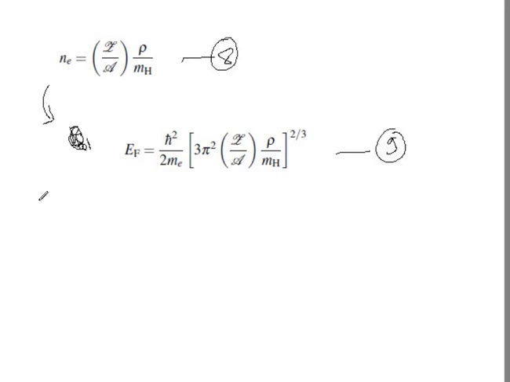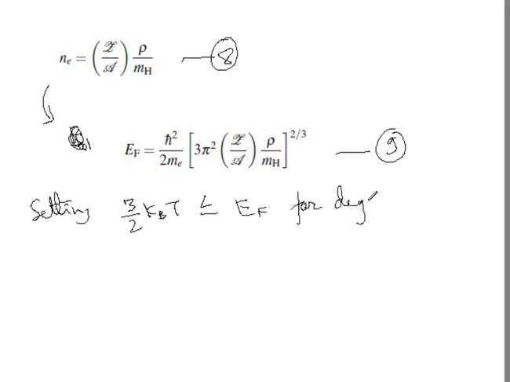Now let us set 3 by 2 kBT less than or equal to EF for degeneracy. Then you will see we will have this relationship.